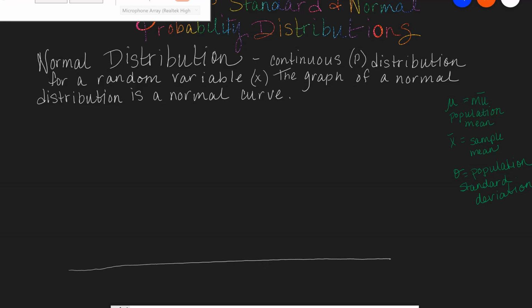Now, the first characteristic of a normal distribution is that the population, or the sample, mean, median, and mode are the same.